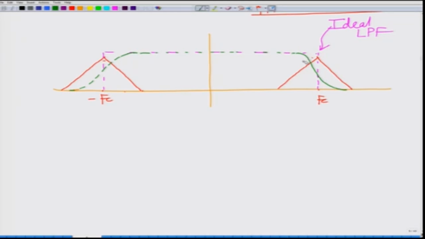Let me just draw it. So these are the finite transition bands. This is your practical LPF which has a finite transition band.